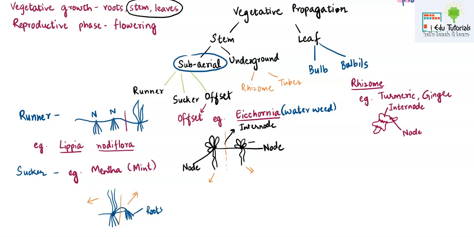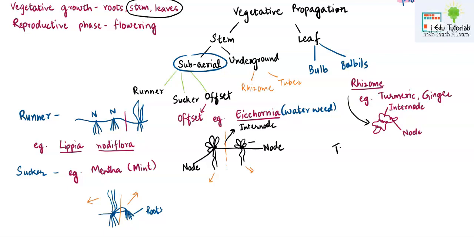So this ginger can be used for vegetative propagation, meaning a new ginger will form from the existing ginger only. This part of the ginger is known as the rhizome, which is used for vegetative propagation. Turmeric, which is also a rhizome, exhibits a similar type of look or morphology.